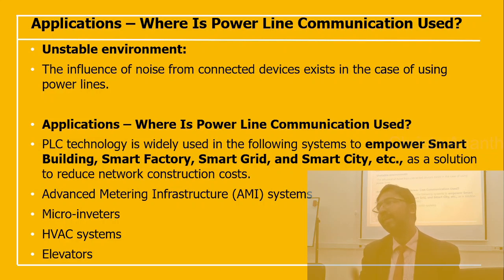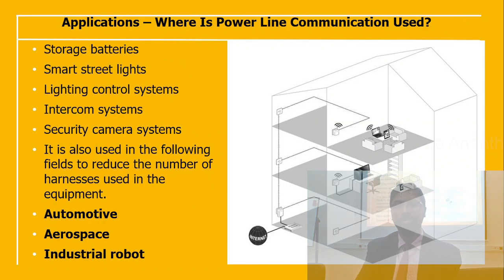We also have the AMI system, advanced metering infrastructure, micro inverters, HVAC systems, as we saw, building air conditioning, and elevators. Also storage batteries, smart street lights, lighting control systems, intercom systems, and security camera systems. Even in the automotive sector, aerospace sector, and industrial robots, we are using power line communication.